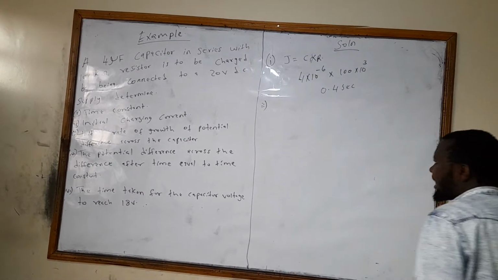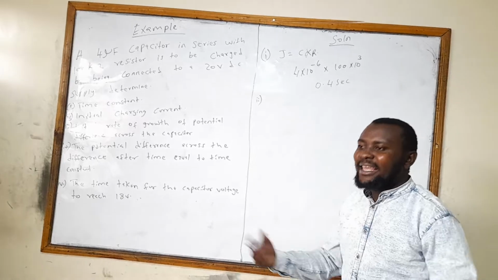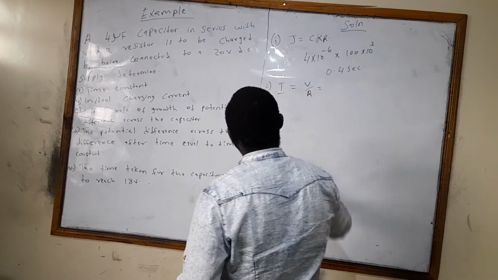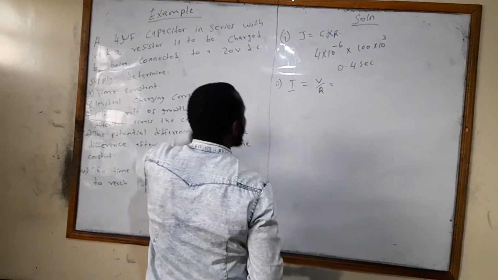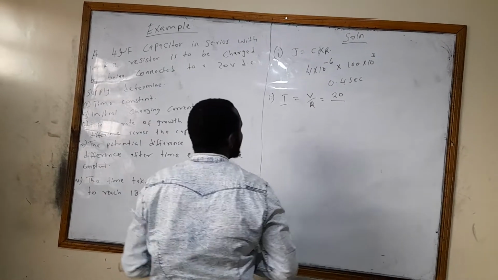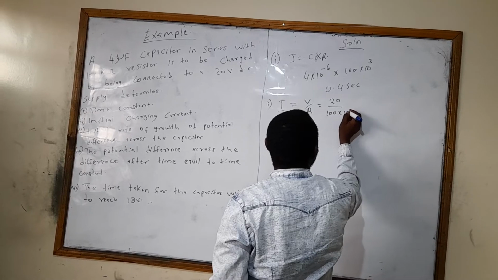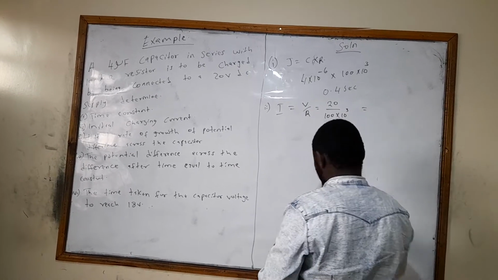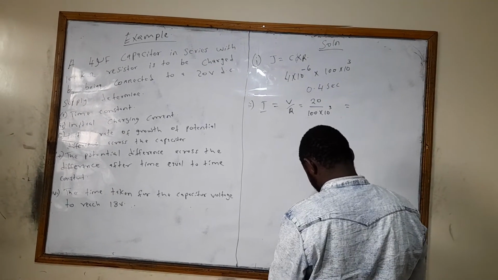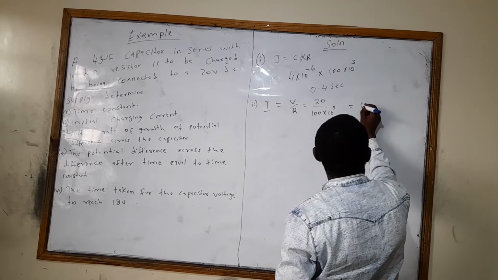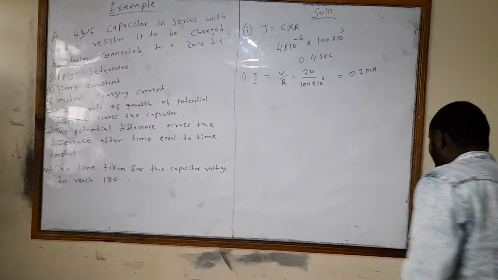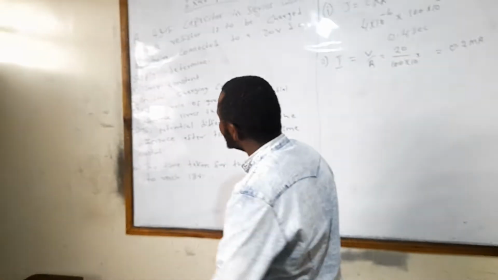They are only asking for I. I is equal to V over R, where V is the total voltage, 20, divided by the resistance, 100 times 10 power 3. That is 0.2 milliamperes.